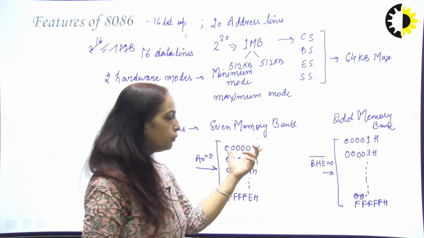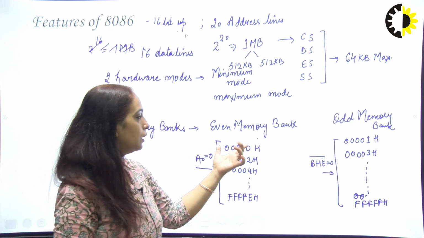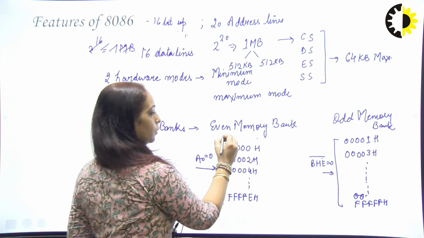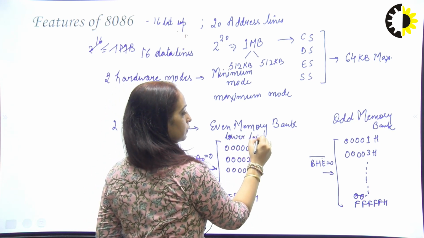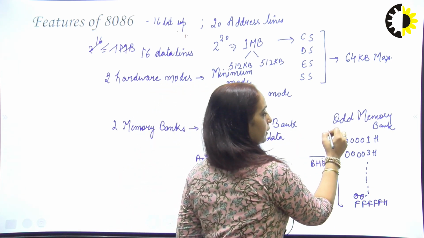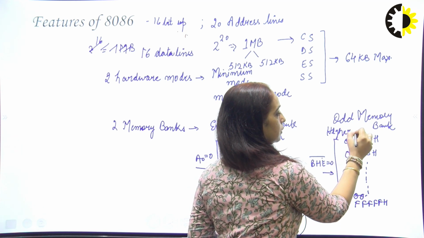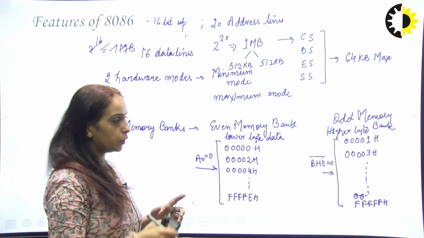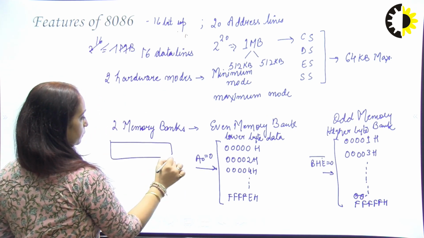We know that we start counting from 0, 1, 2, 3, so the even memory bank is used to store the lower byte of the data, and the odd memory bank is used to store the higher byte of the data. Whatever the 16-bit data, we have this 16-bit data complete.